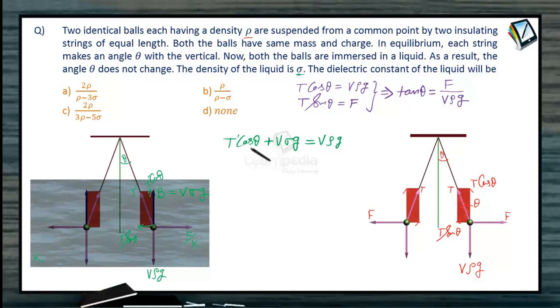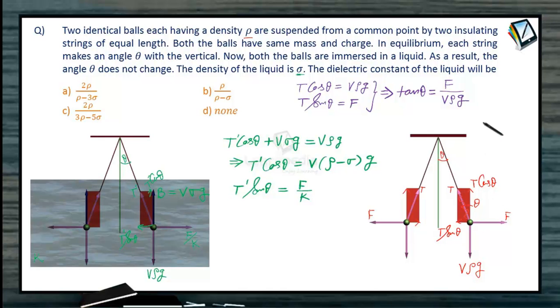So T dash cos theta plus V sigma g is equal to V rho g. This way we get T dash cos theta equal to V into rho minus sigma into g. For horizontal equilibrium, we have T dash sin theta equal to F electric, and F electric is F by K now.